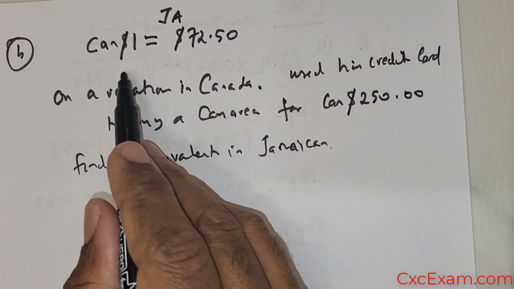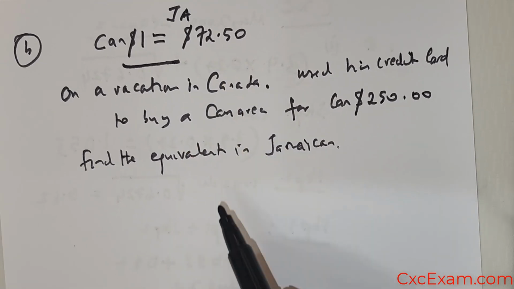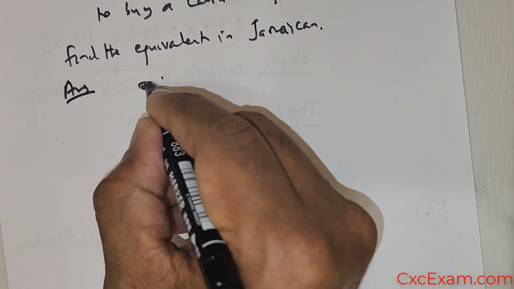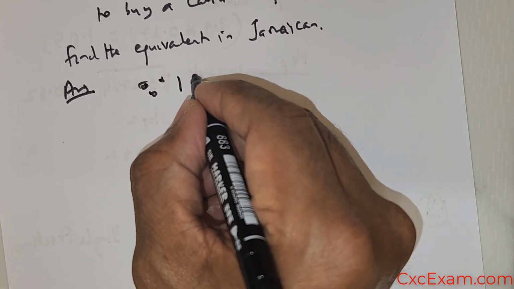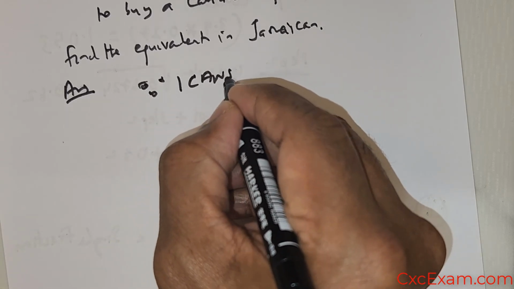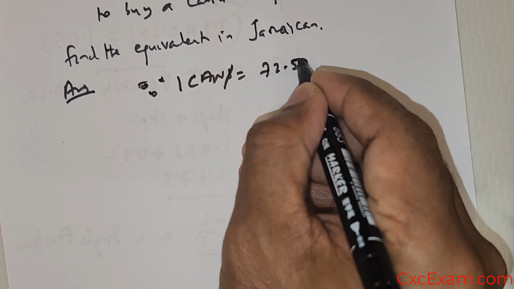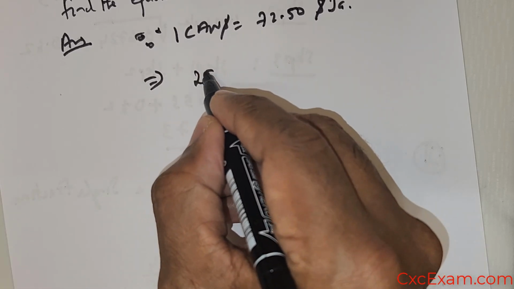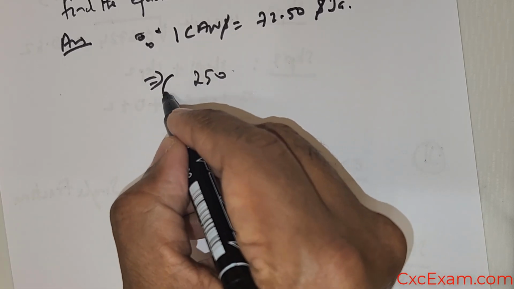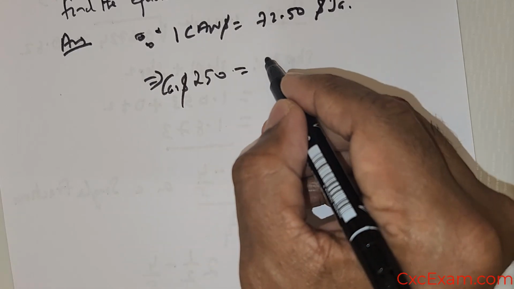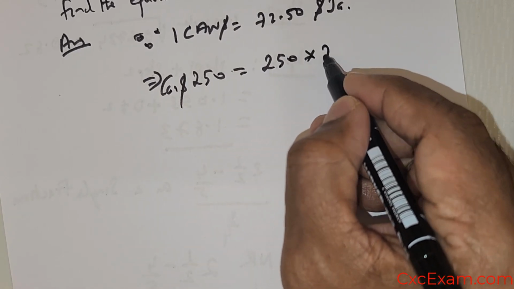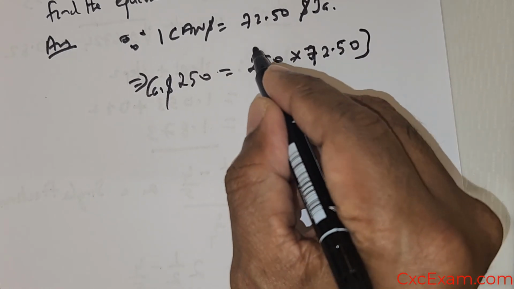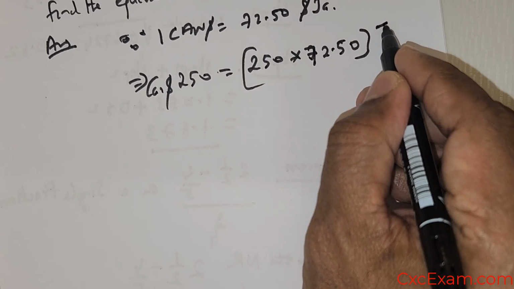Now what does it state here? 1 Canadian is 72.50. You can state the solution like this: since 1 Canadian dollar is 72.50 Jamaican dollar, this means 250 Canadian dollar is equal to 250 multiplied with 72.50. So this entire thing is going to be Jamaican dollar.